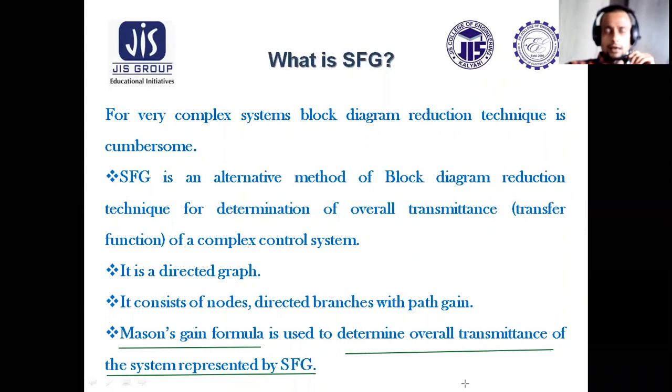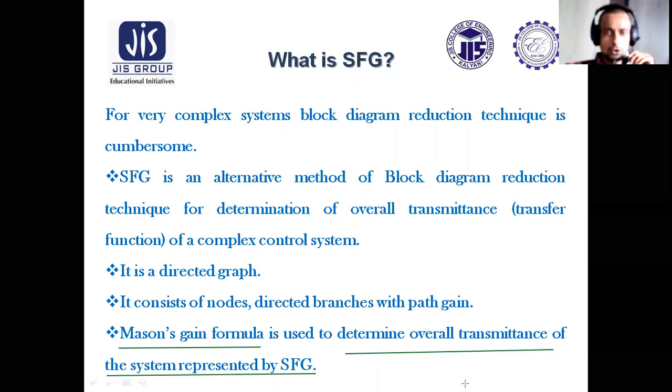Now see, a system may be represented by block diagram, may be represented by its mathematical equation. Whatever the system representation is, we may use Mason's gain formula. How? Because later you'll be seeing how to draw signal flow graph from block diagram.